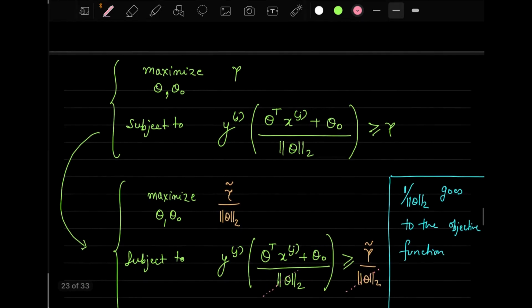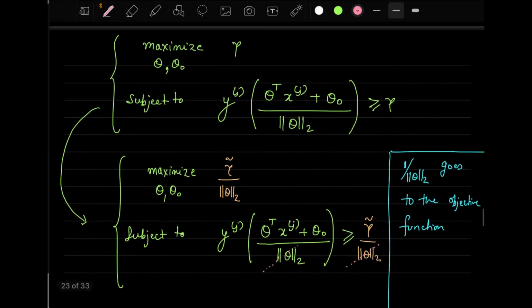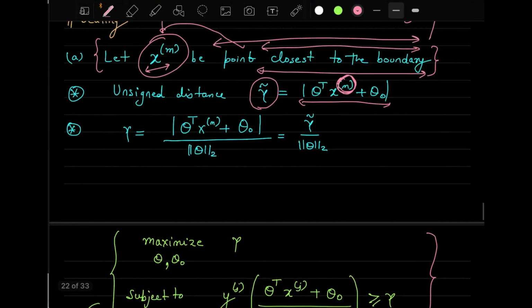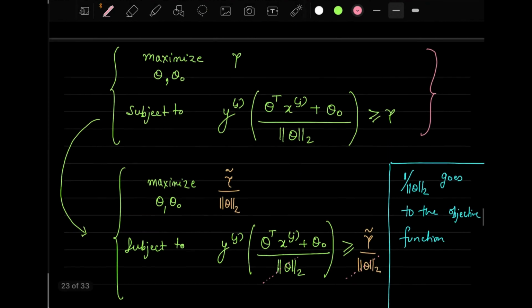In order to change the optimization framework which is given over here, we do this type of substitution, which you can see here. The only change is the colors, which mark the new variables. I am writing gamma as this, so I am substituting this gamma with this, as simple as that.